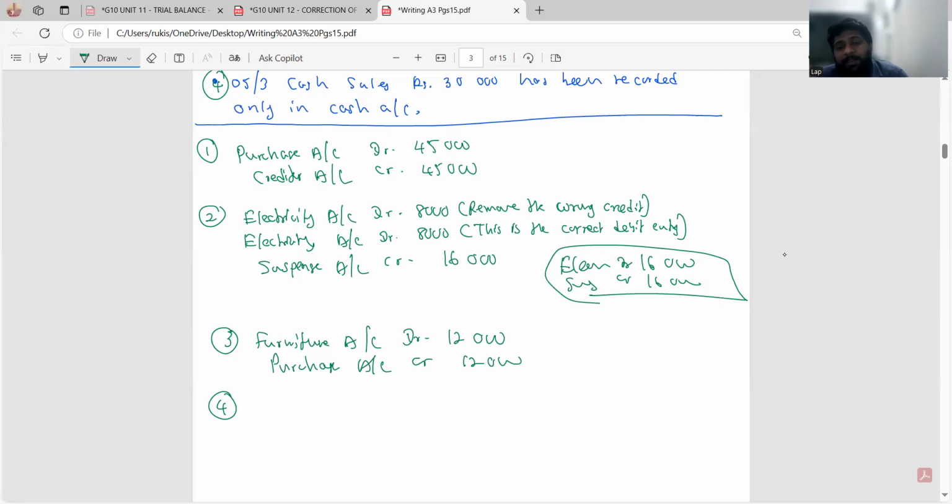Cash sale 30,000 has been recorded only in the cash account. So you have debited the cash account, but you forgot to credit the sales account. Then credit the sales account. Sales account, credit 30,000. But we can't just pass one entry.